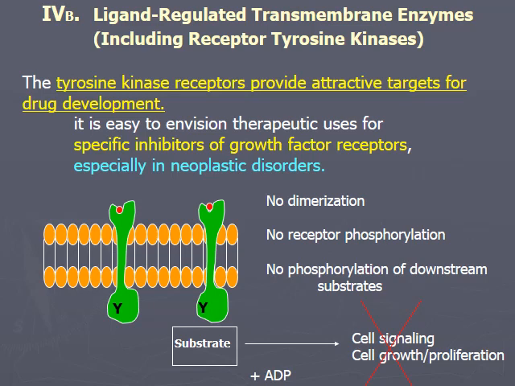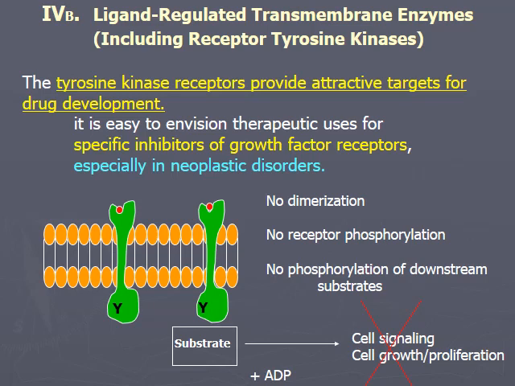RTKs represent a very hot area of drug discovery research right now in pharma. In fact, there have been two new drugs recently approved that target receptor tyrosine kinases: a drug called imatinib and a drug called lapatinib. If any of you have ever had a course with Dr. Chen, he studies those drugs in his lab. And why? Well, we talked about growth and proliferation.